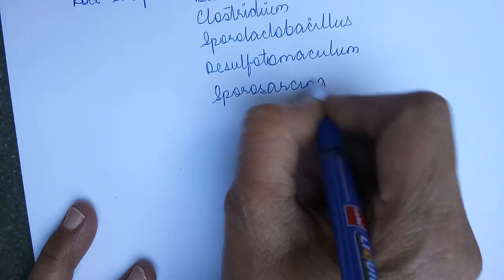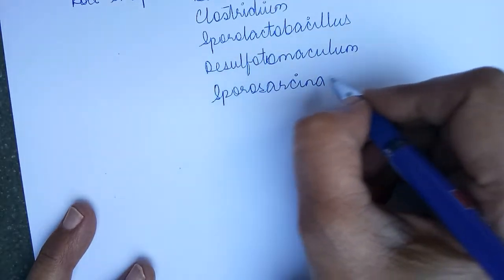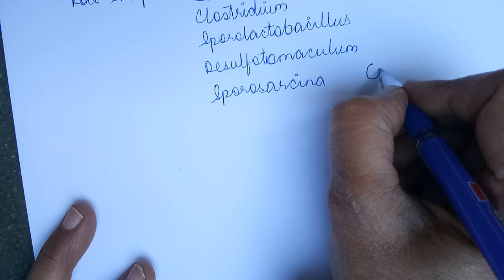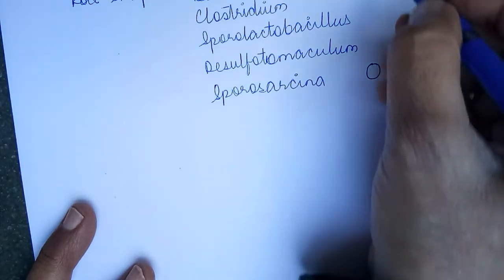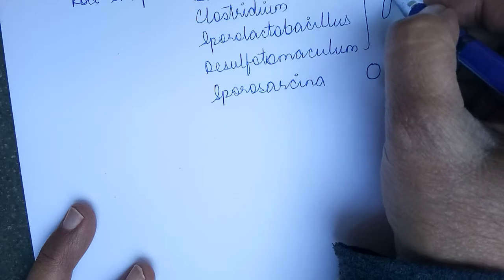The rest of all are rod shaped except Sporosarcina. Sarcina is a spherical cell and the rest all have rod shaped structure.